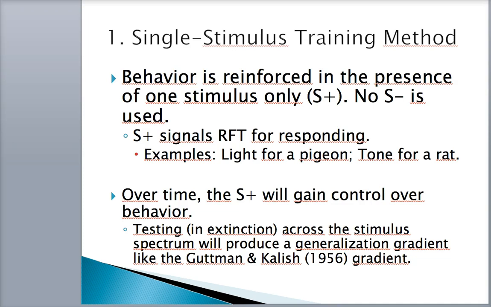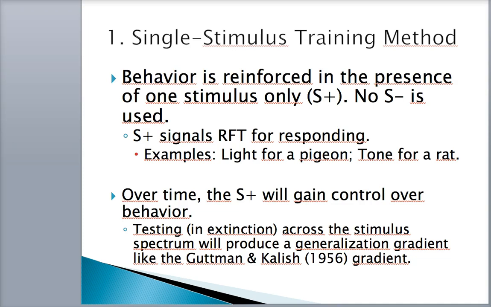And they learn pretty quickly that pressing a lever or pecking at the light only works when the S+ is present. So they respond only when the light comes on or only when the tone comes on. So over time, that S+, that discriminative stimulus, gains control over their behavior.